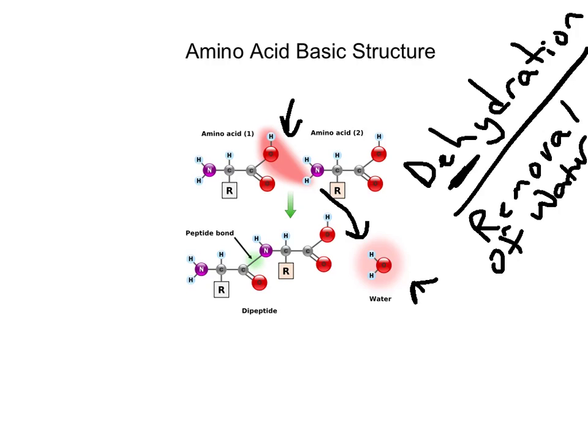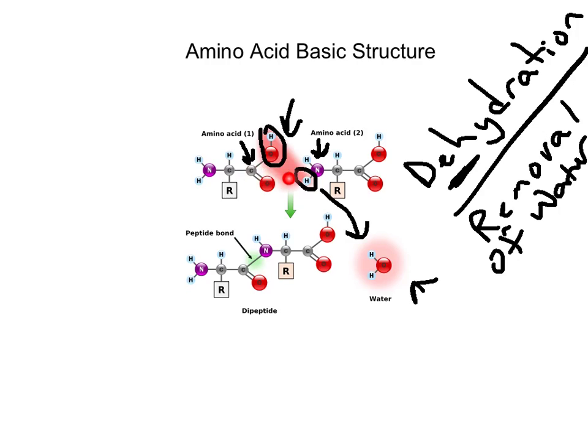Well, that leaves you with this nitrogen needing a bond, and this carbon needing a bond, because you got rid of this OH, you got rid of this H. So what's an atom to do?